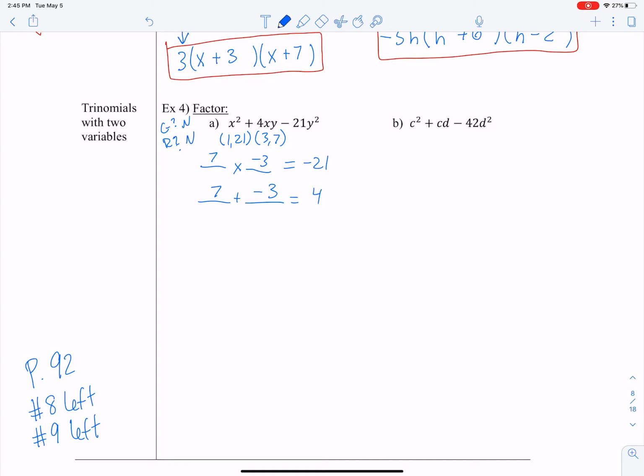So we're going to write out our brackets like normal. x plus 7, we're just going to leave a little extra room at the end, x minus 3. Here is now the only difference when you're dealing with 2 variables.